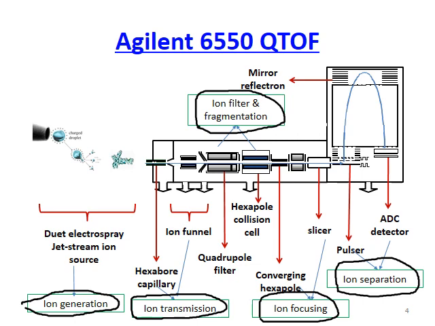With every generation of the QTOF instrument, they have done a lot to improve the ion generation. What they are trying to achieve is high sensitivity. So usually you will see an enhanced signal as compared to the previous generation of the QTOF system.